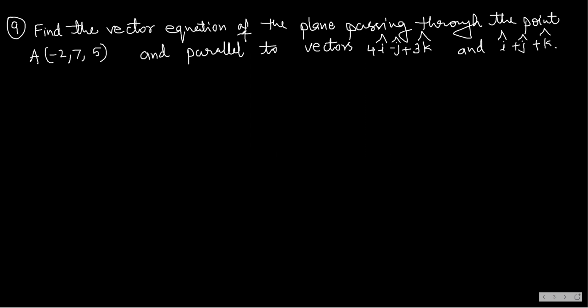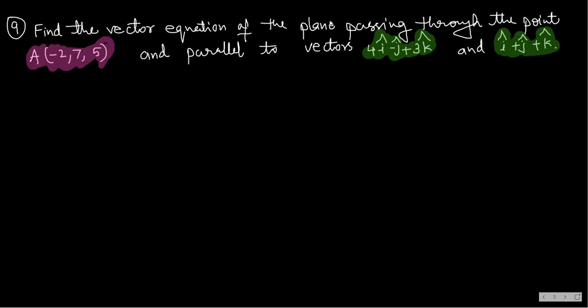Find the vector equation of the plane passing through the point A(-2, 7, 5) and parallel to 4i cap minus j cap plus 3k cap and i cap plus j cap plus k cap.